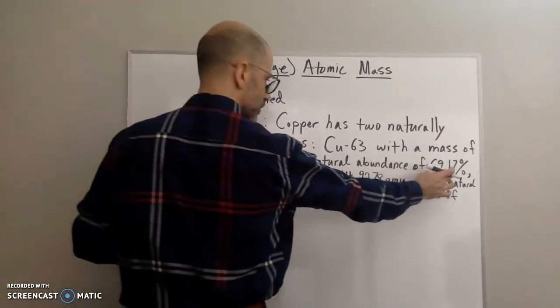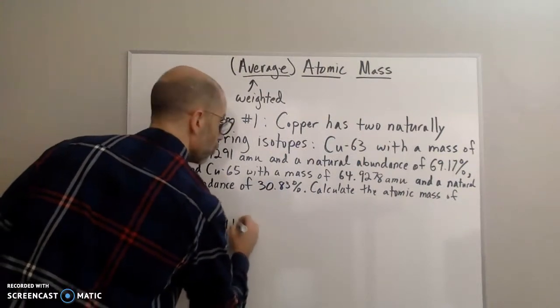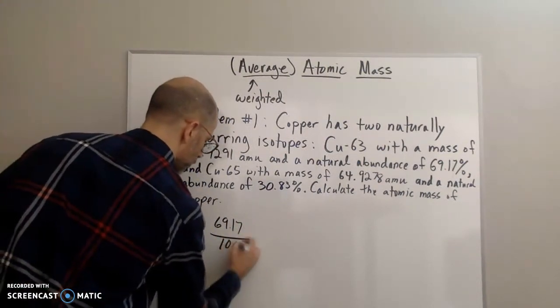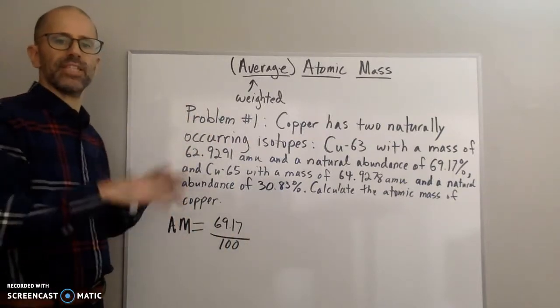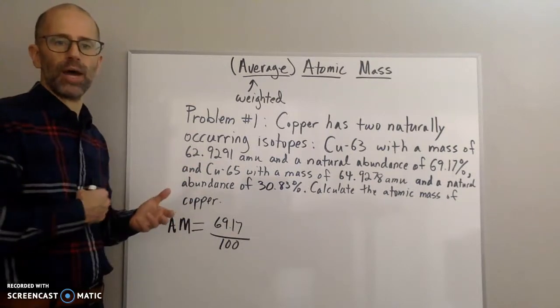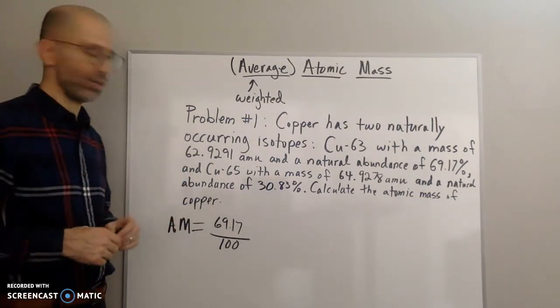So the atomic mass of copper is going to be equal to, I'm going to take the fractional abundance, which is 69.17, and I'm going to put that over 100, right? Because the fraction of a particular amount of atoms, we can assume any amount we want, but since they gave us a percentage, we can assume out of 100.